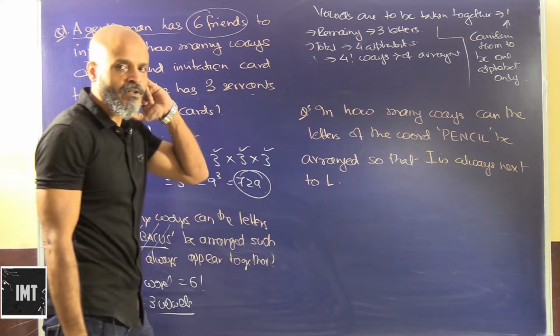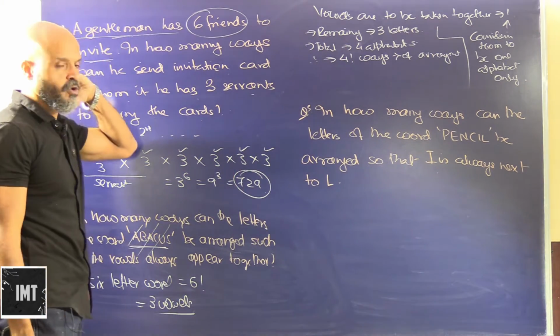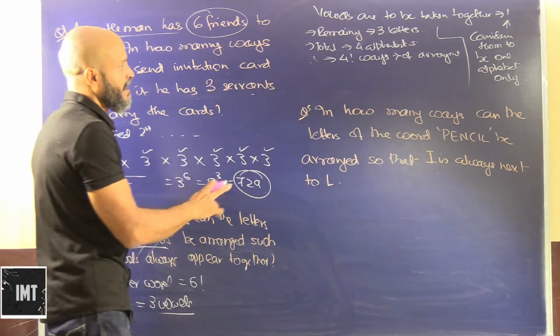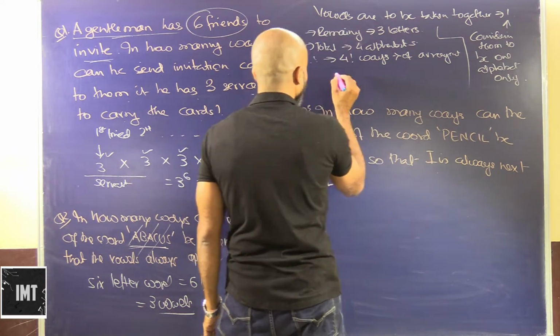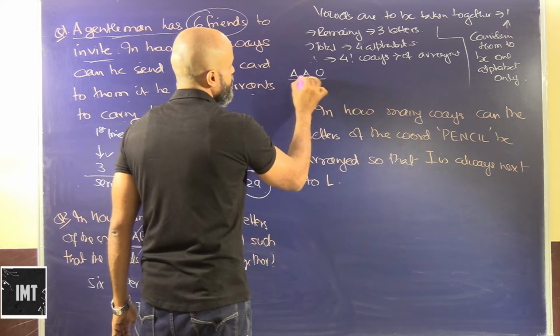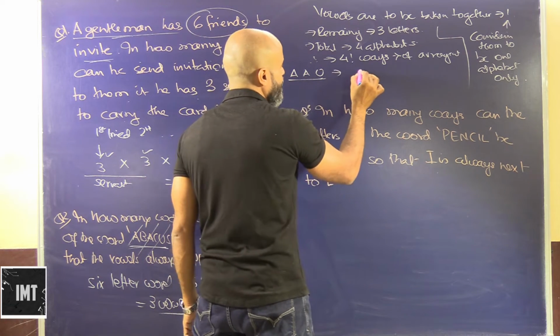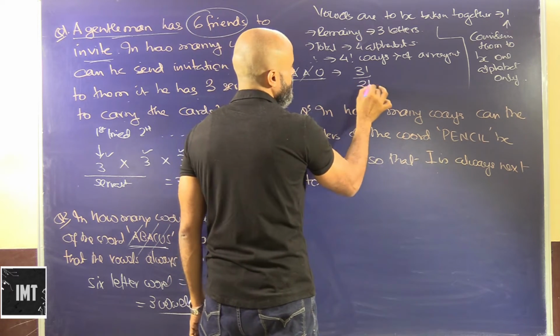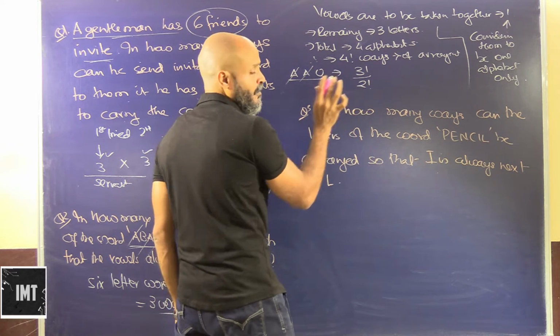Now out of this factorial 4 ways of arrangement, in vowels itself, how many ways can be done? So we have 2 A's and 1 U. So the number of ways in which the vowels can be arranged will be factorial 3, and since 2 are similar, this will be upon factorial 2.